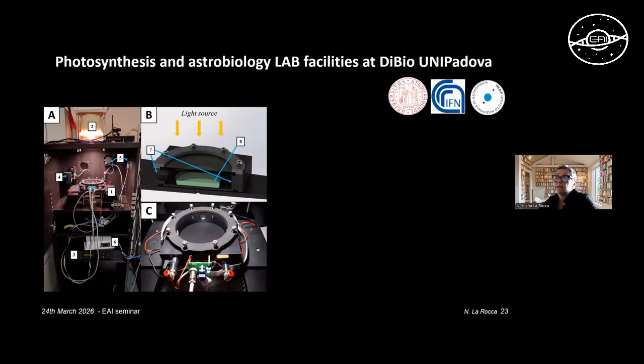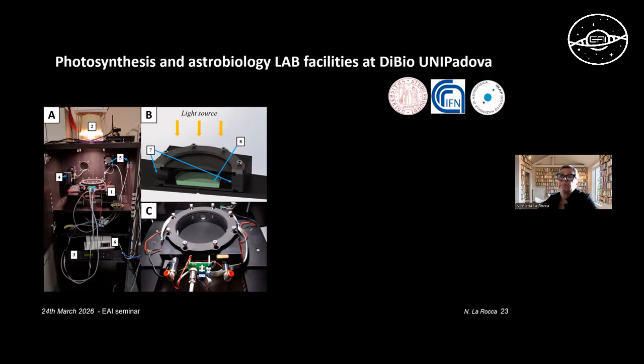This setup was built over the last 10 years, thanks to a collaboration between our lab, the Institute of Photonics and Nanotechnology in Padova, and the National Institute of Astrophysics, in particular Riccardo Claudi, who started with the idea of building a starlight simulator.